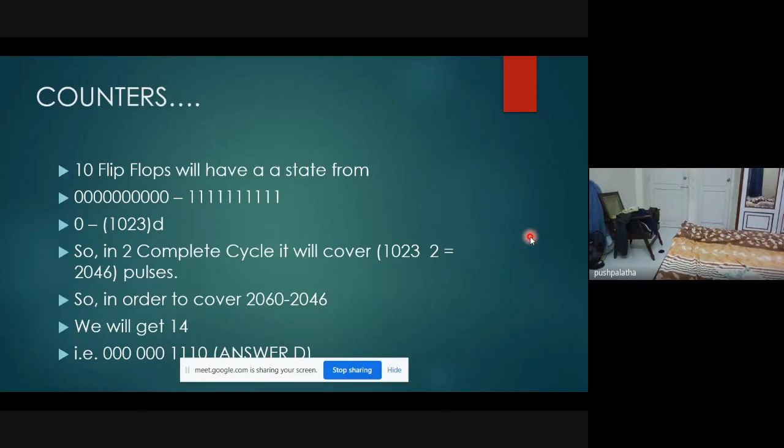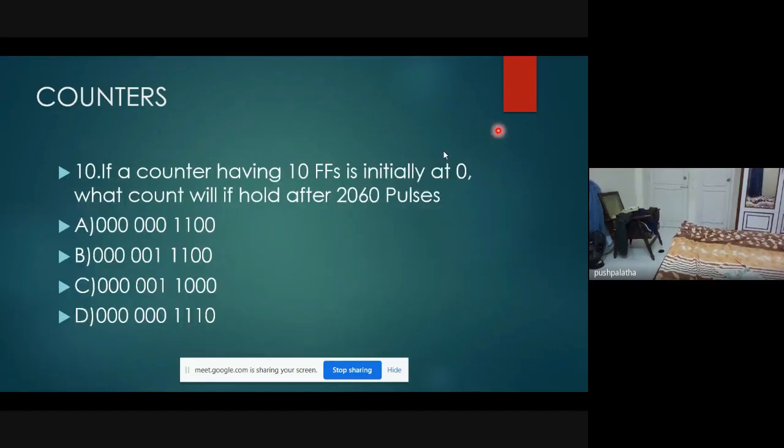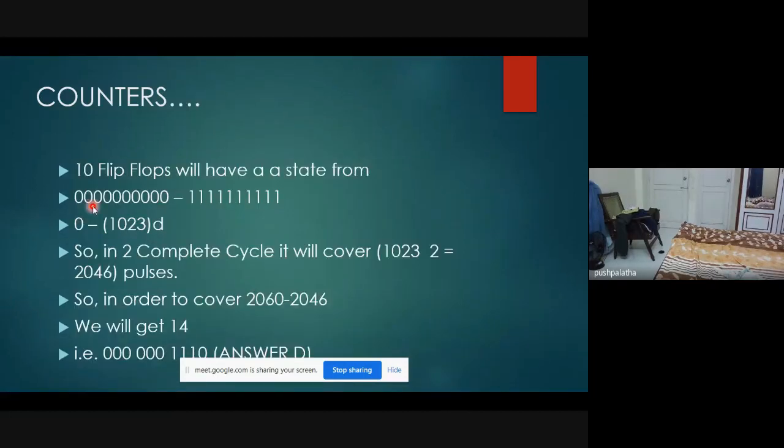See, 10 flip-flops will have states from the first one, which I told you is reset, initially at 0, to the final state, which is all ones. So all 10 zeros, and you take it as all ones. That is 0 to 1023.